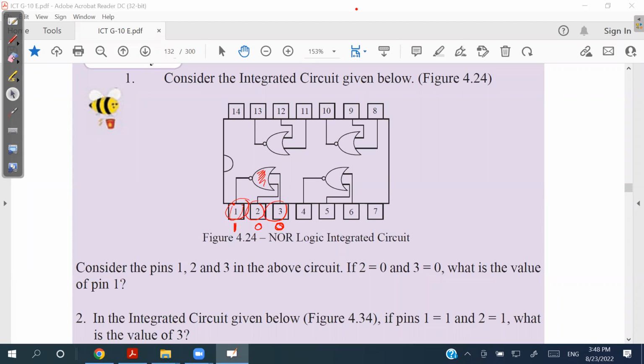Right. So let's move to the second question that they have.